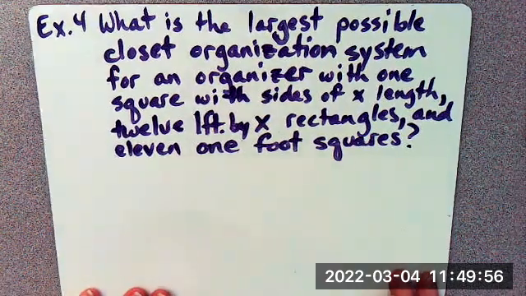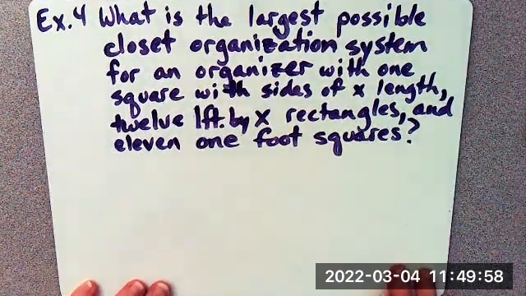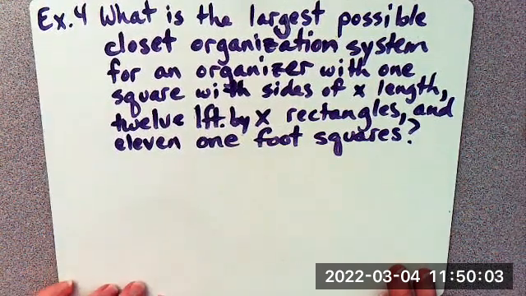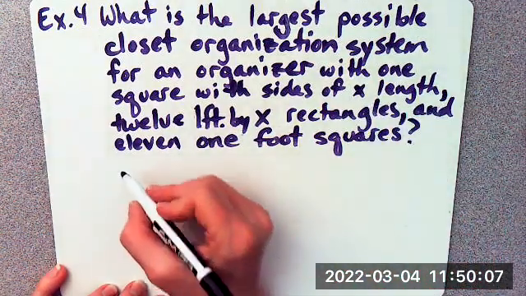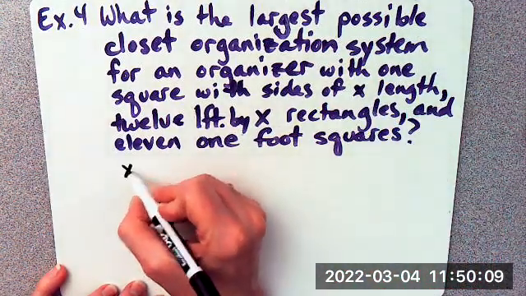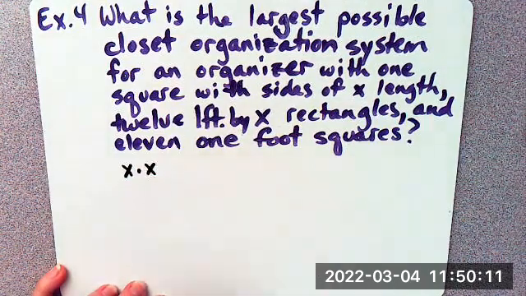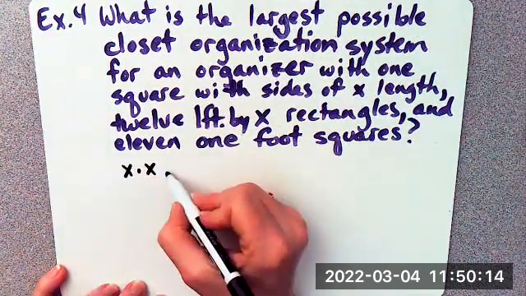All right, let's look at a real life problem. What's the largest possible closet organization for an organizer with one square with sides of x length? So that'd be x times x, one organizer that's x times x.